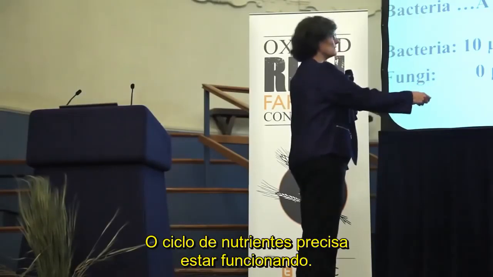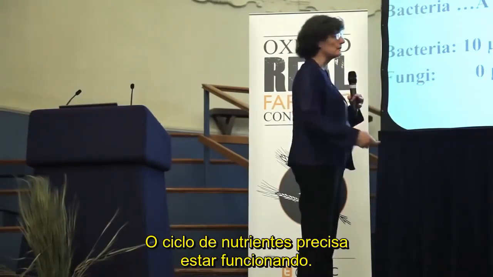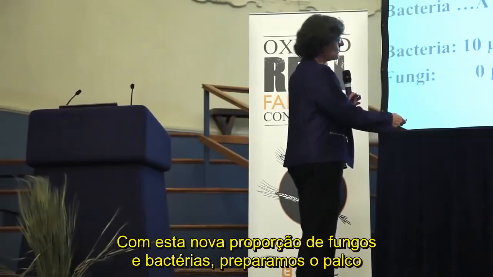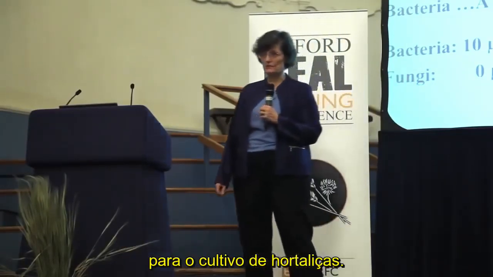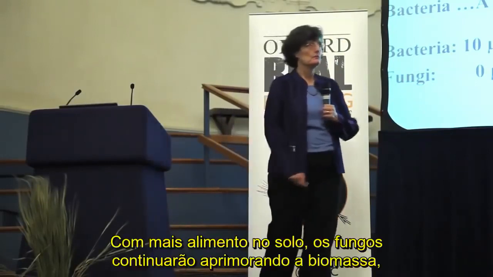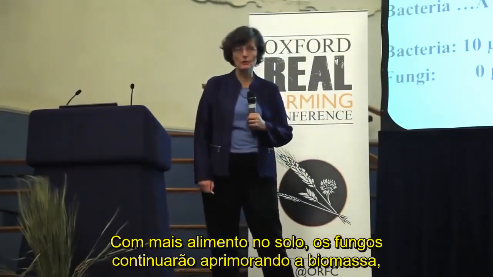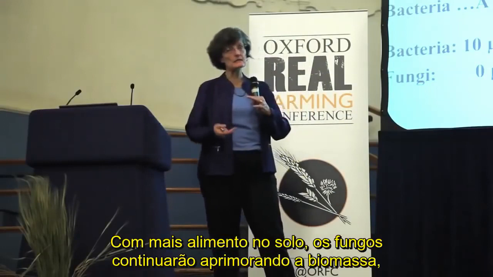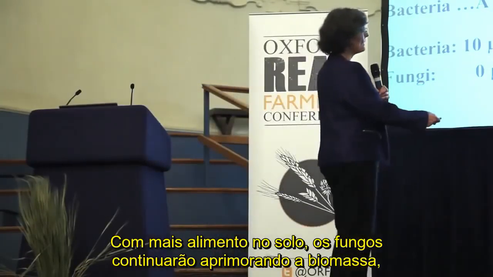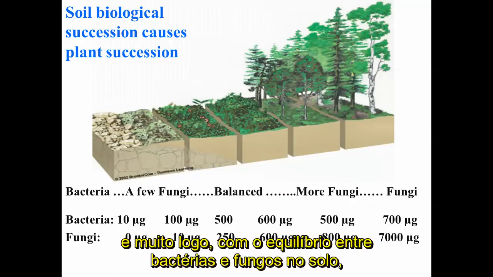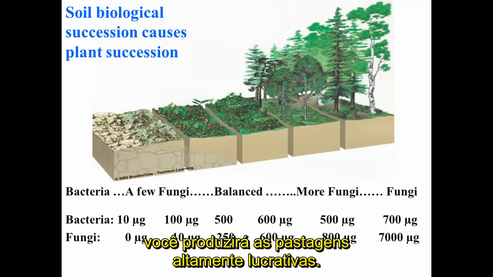Nutrient cycling has to get up and get going here. But that ratio of fungi to bacteria, we're setting the stage for all of our vegetable crops. More fungal foods coming into the soil. We're going to keep enhancing, or nature keeps enhancing that fungal biomass in the soil, and pretty soon, a balanced ratio of fungi and bacteria, you're going to be growing highly productive pasture species.